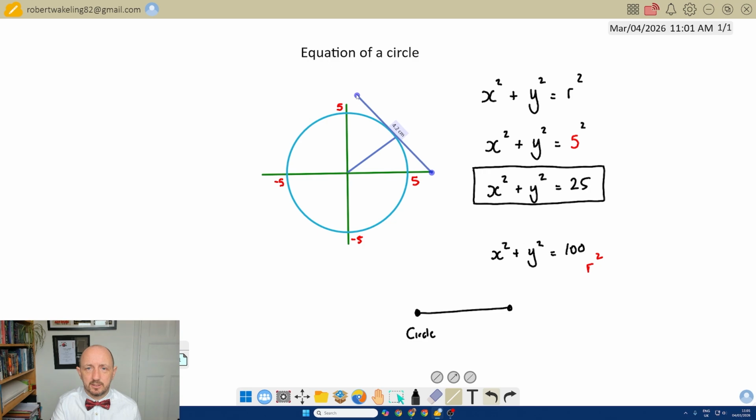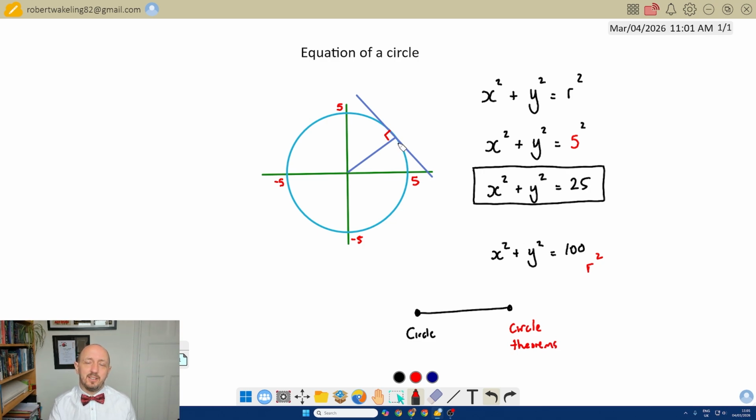Let me just draw that a bit better. The tangent of the circle, and it's connected to the center. That's one of our circle theorems where it creates a right angle. So it's connected to circle theorems by including the tangent.